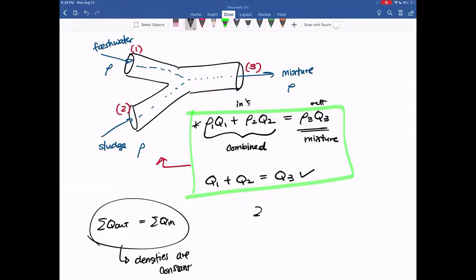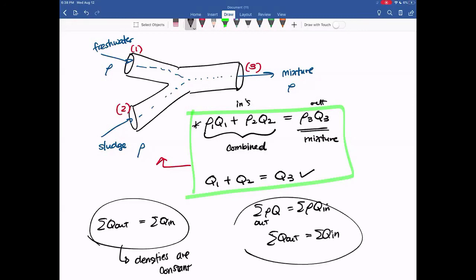But if you have changing densities, then you have both. Okay, I just want to make that very clear. I hope this was helpful. Let me know if you have questions about the conservation of mass.